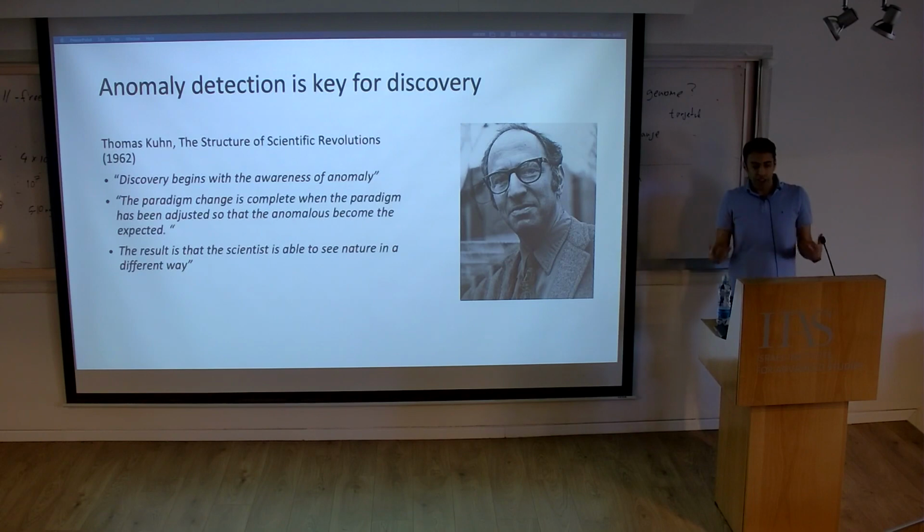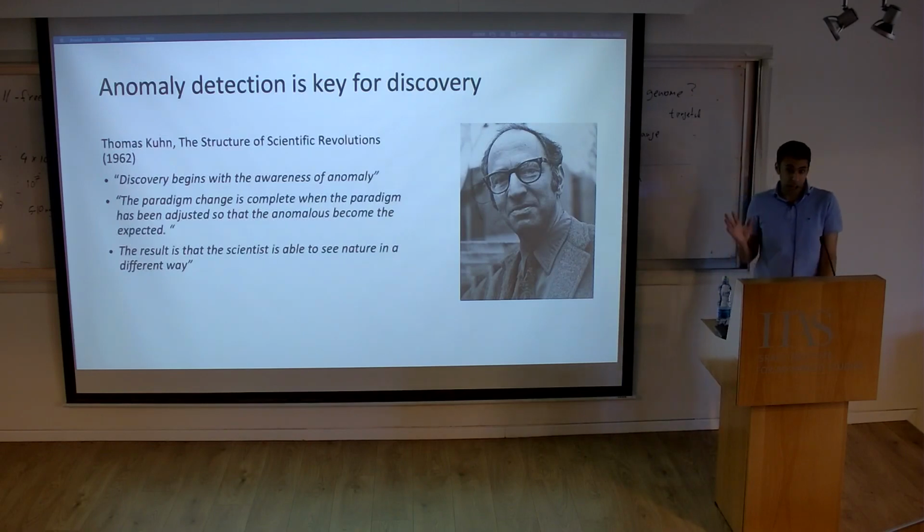More generally, anomaly detection has been said to be the key for discovery in science. So I'm just bringing a specific school of thought from the philosophy of science. I guess it was formulated very nicely by Thomas Kuhn in his famous book, The Structure of Scientific Revolutions.